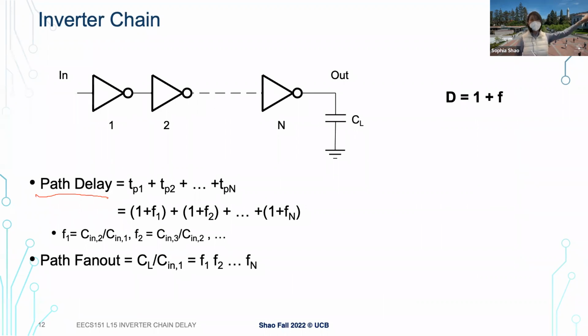When you hear people say path delay, it's basically the delay of the entire path of the circuit that we're discussing. There's nothing fancy about it. It's basically what we are trying to solve. So when people say, let's minimize the path delay, it basically makes the entire path faster.